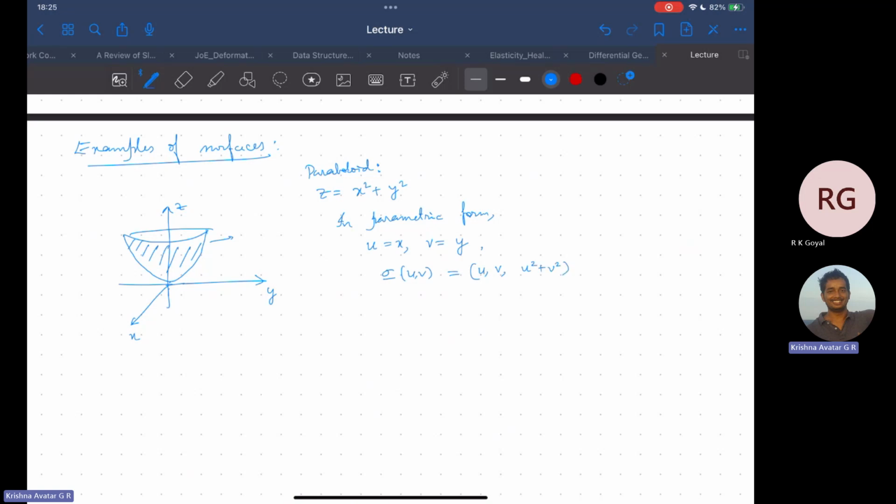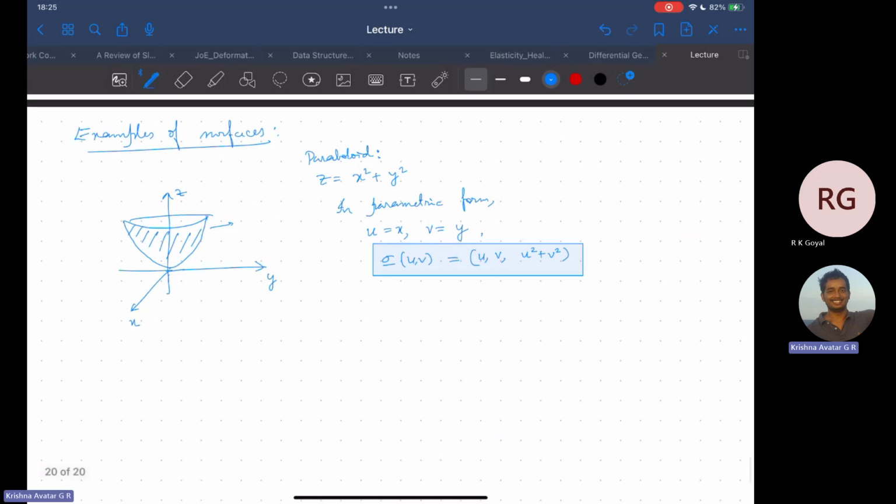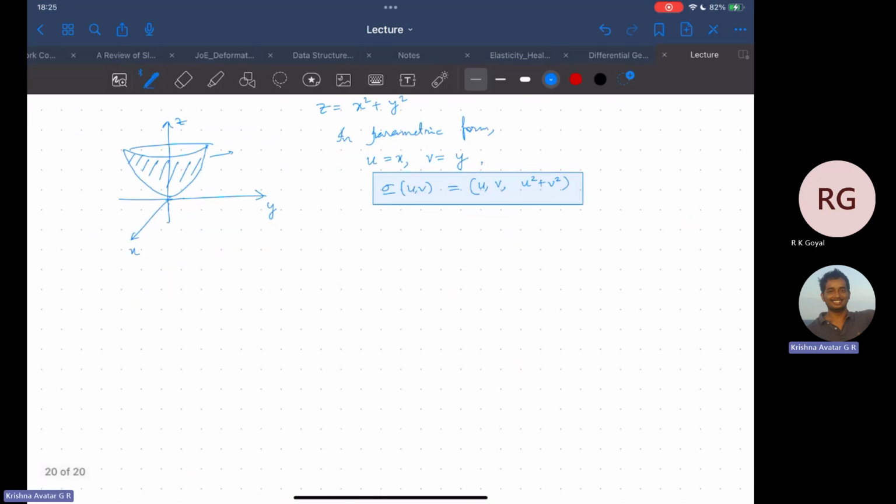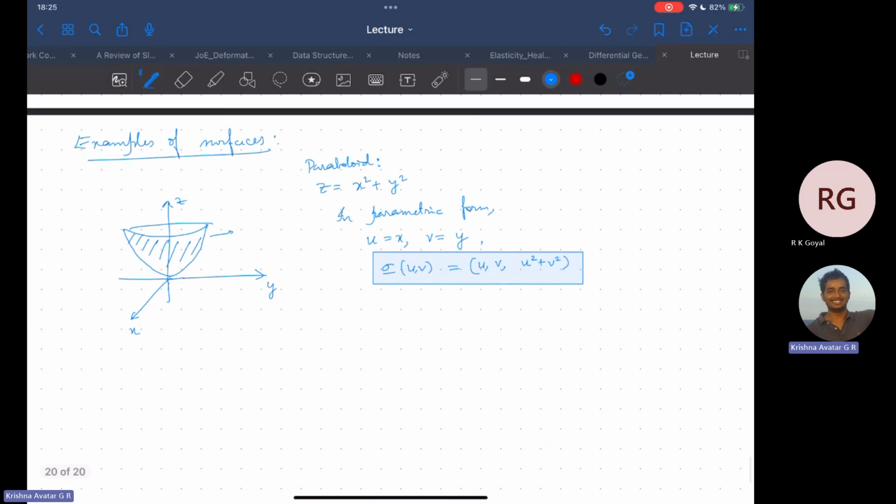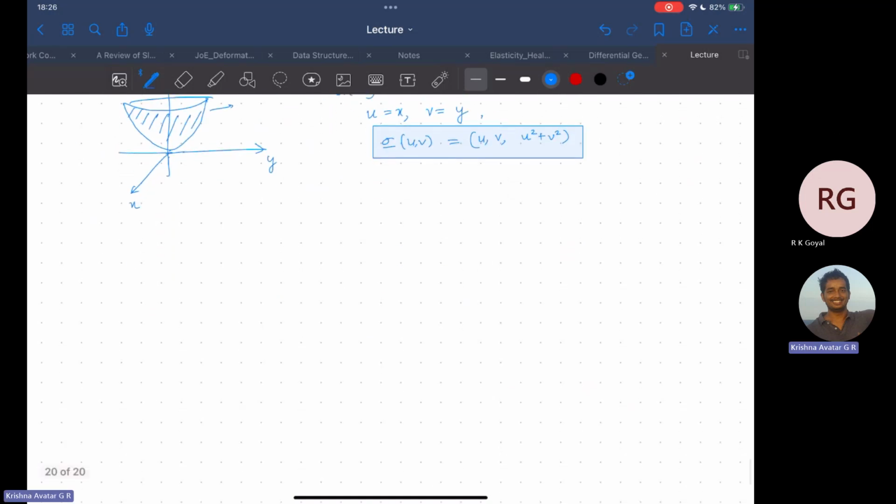This is in parametric form. Like this, we could parameterize, and in one of the previous classes we also defined how to parameterize a sphere. Today we'll look at one special surface, which is called a ruled surface.